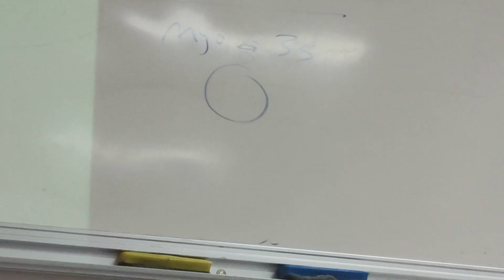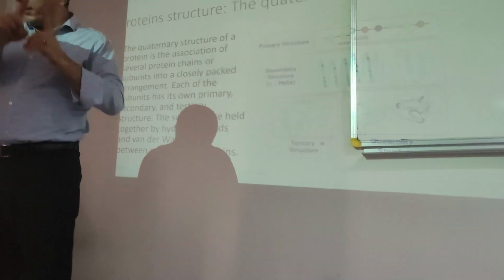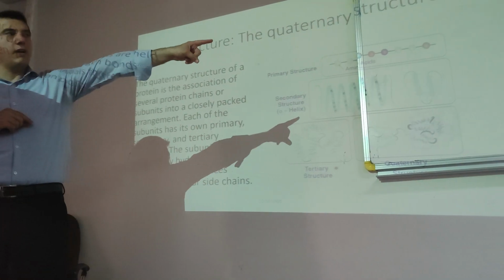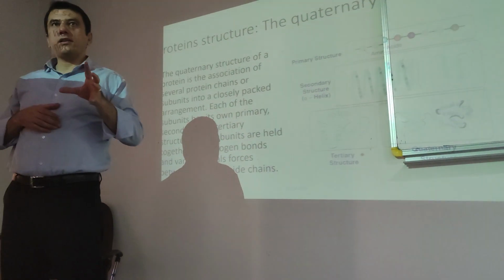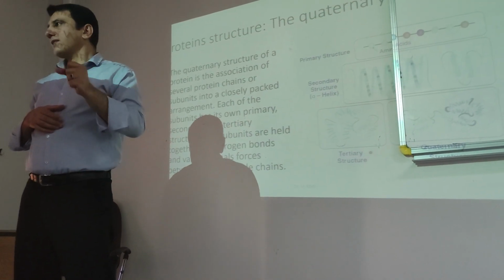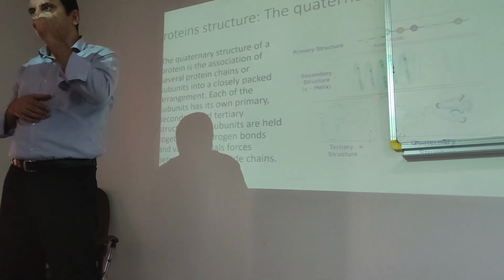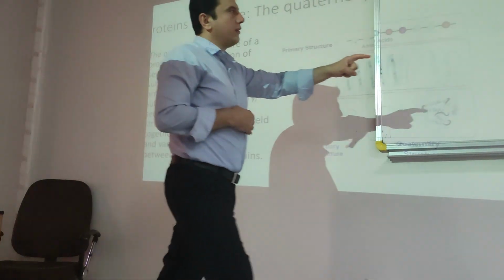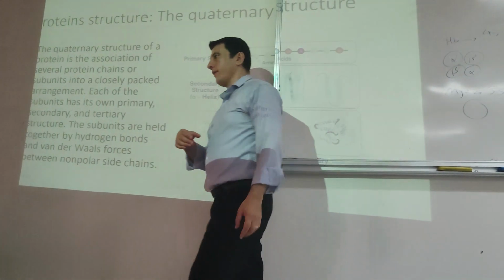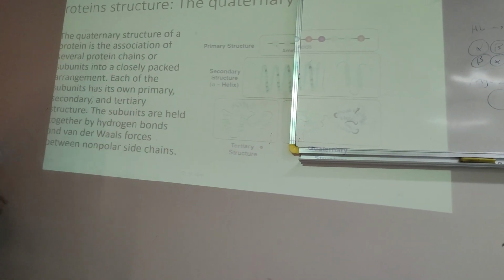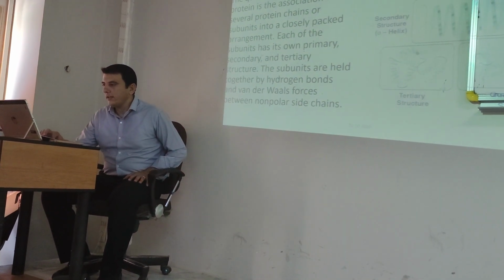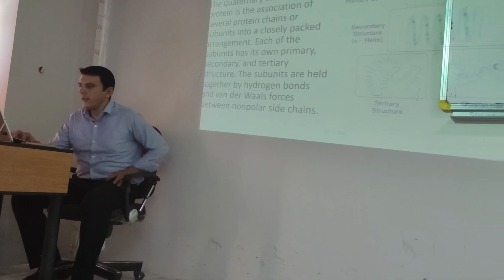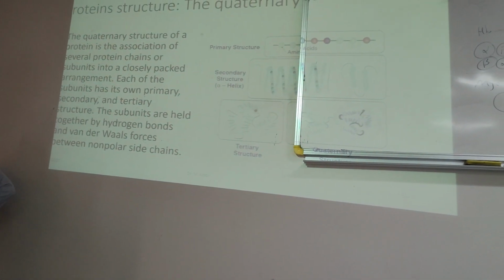Proteins that have more than one polypeptide give the quaternary structure, but a protein which has just one polypeptide gives tertiary structure. For example, myoglobin and hemoglobin. You can see an example here. There is a tertiary structure and there is a quaternary structure.